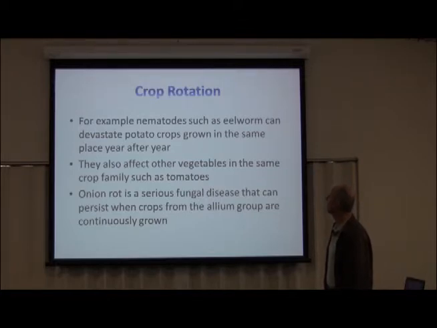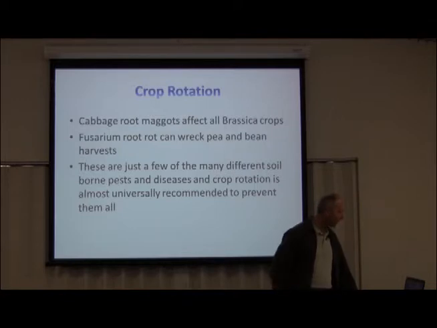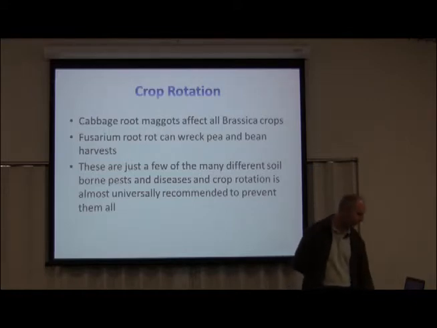Onion rot is a serious fungal disease that can persist when crops from the allium group are continuously grown. Cabbage root maggots affect all brassica crops. That includes broccoli. Fusarium root rot can wreck pea and bean harvests. These are just a few of the many different soil-borne pests and diseases, and crop rotation is almost universally recommended to prevent them all.